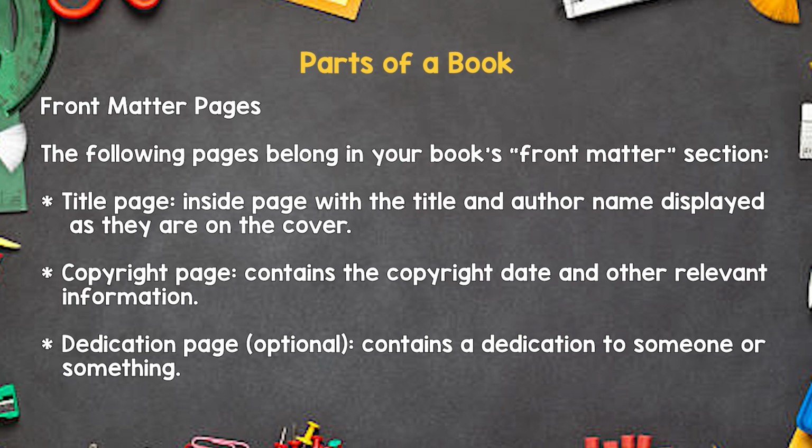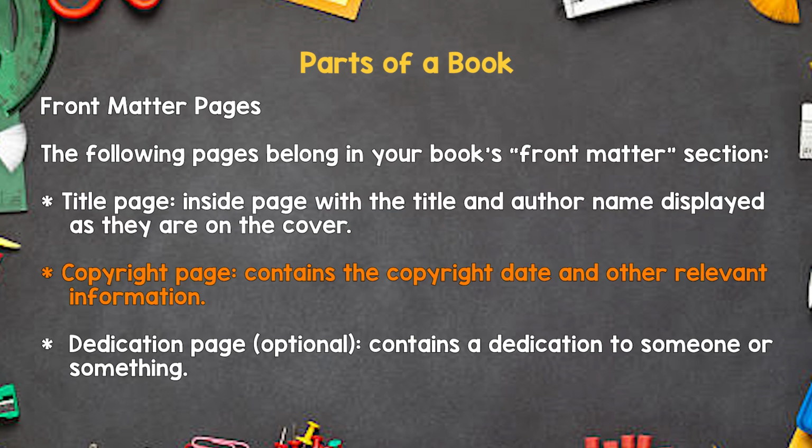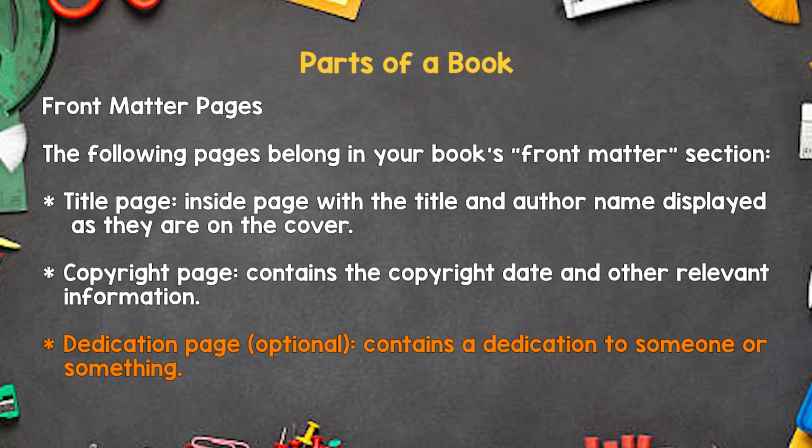Now, the following pages belong in your book's front matter section. Let's examine them. We have the title page. This is the inside page with the title and the author's name displayed, as they are on the cover. Let's look at the copyright page. It contains the copyright date and other relevant information. You have the dedication page, and this page is optional.